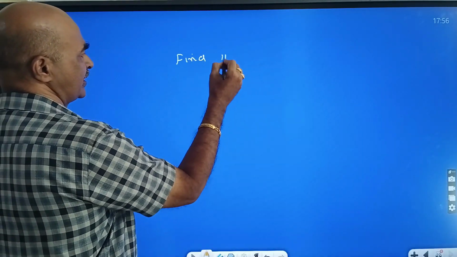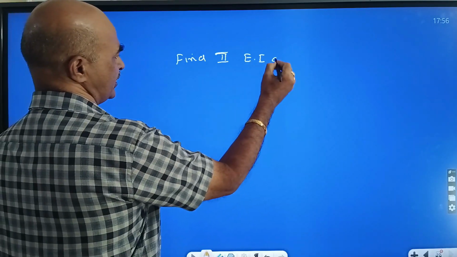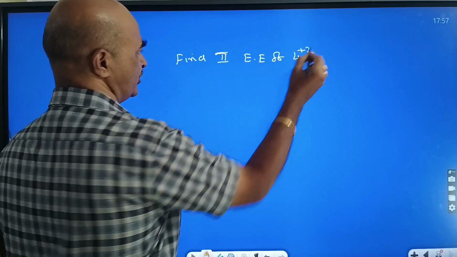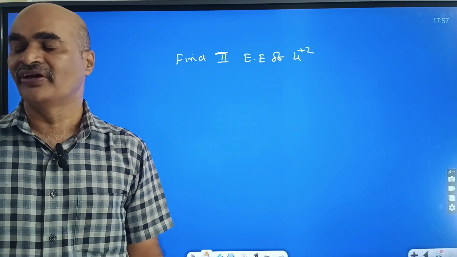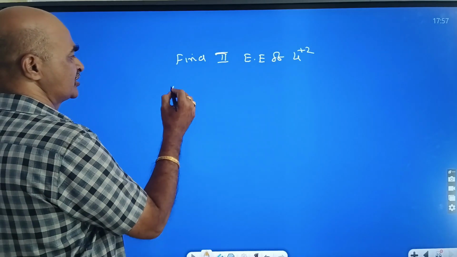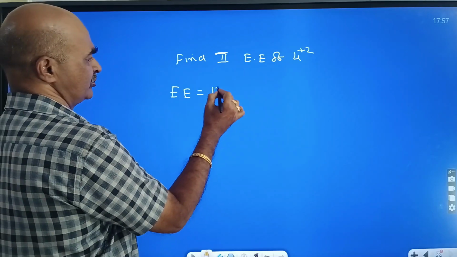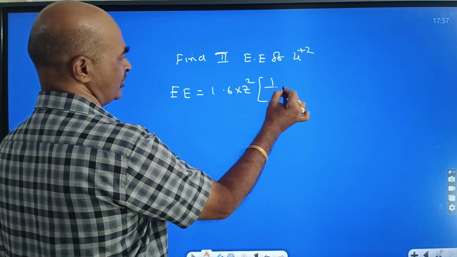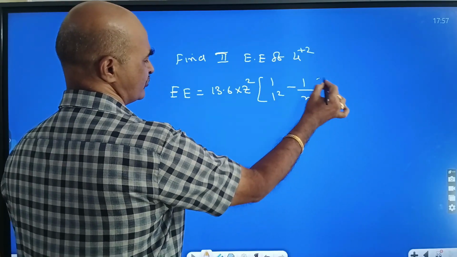Find the second excitation energy of the Li2+ ion. How to calculate? Excitation energy is equal to 13.6 into Z square, 1 by 1 square minus 1 by n square.